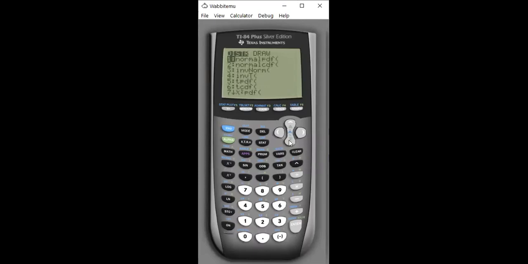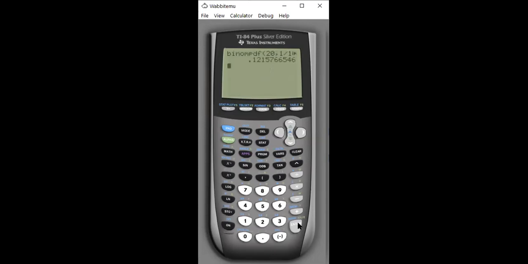Because this is a binomial, you go down to binomial PDF. The number of trials is 20 frogs. The probability is 1 divided by 10, or you can input 0.1. Now I'm finding the x value of 0, which means none.